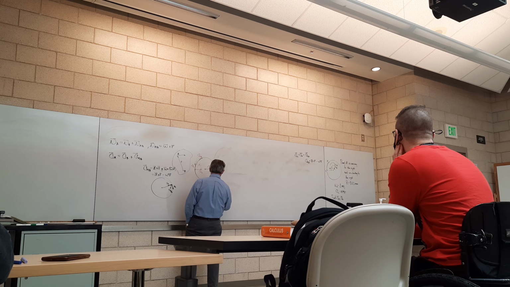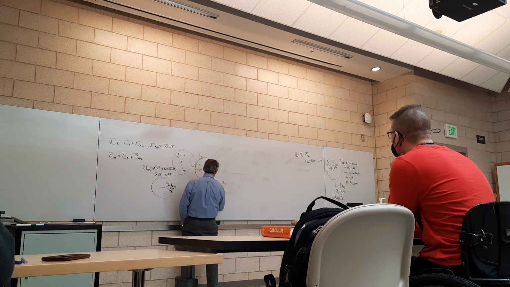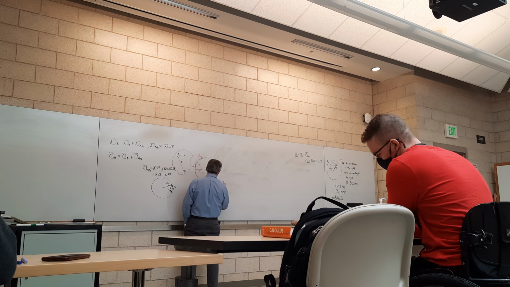I've got to draw it tip to tail, so we're adding them together. So this would more be the acceleration of C with respect to A, like this, and then this here would be the acceleration of C.